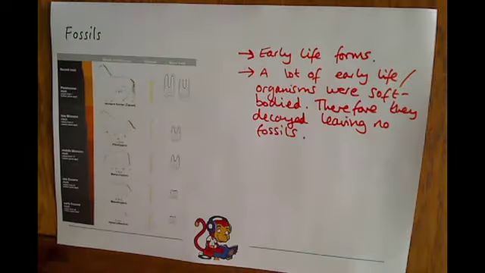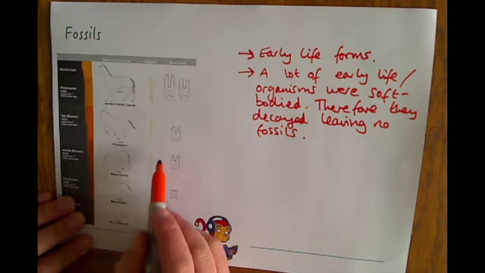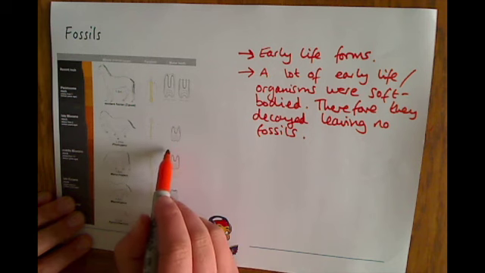So for the early organisms and very early plants, it's a lot of guesswork really for us to think about what they would have looked like, because a lot of these soft-bodied creatures have left no evidence for us to discover. But when we have got fossil evidence, they provide a really good story about evolution.